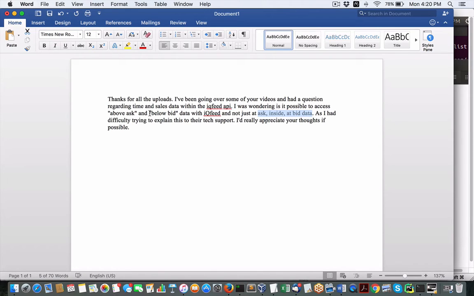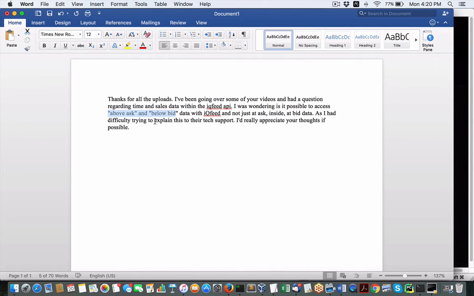Now, for this kind of data that you're asking about, below bid and above ask, the trick that I've seen and been pointed out to me is basically to measure the volume on the bid and ask. So for instance, if you are measuring, let's say 100 ticks per second, you obviously know that there are people putting out quotes there because there's a sudden demand either on the ask or bid side of the instrument.